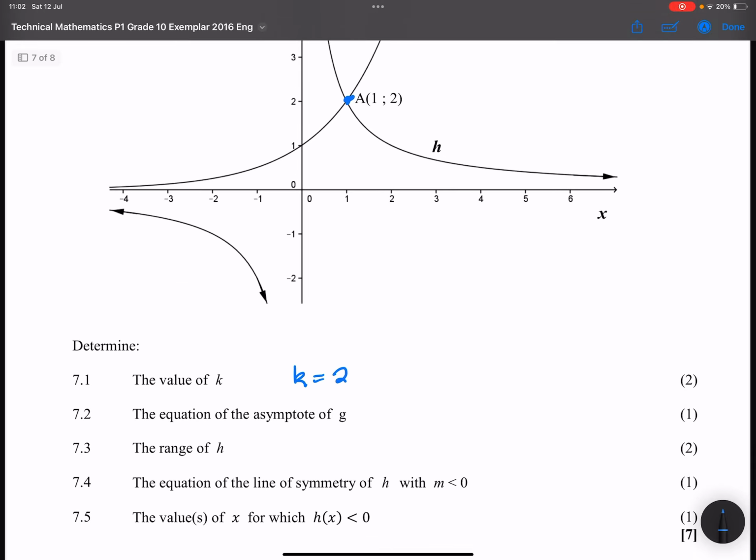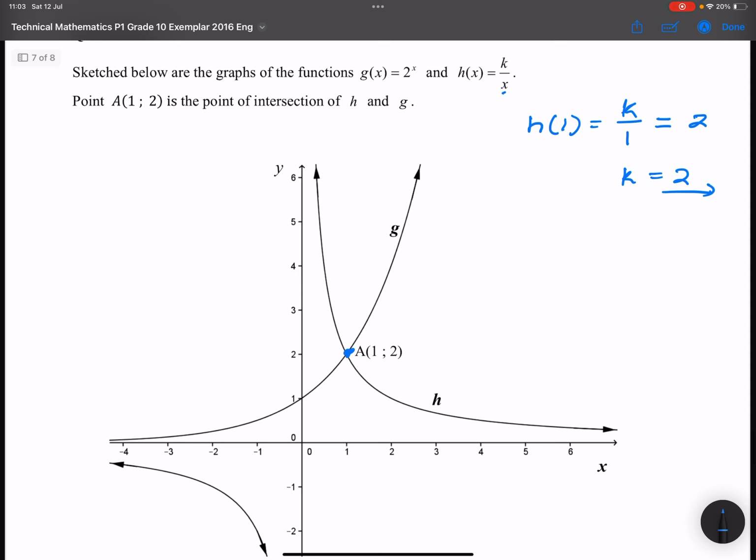Now for the next question, they say the equation of the asymptote of g. Ladies and gents, I want you to please note, for the exponential graph, unless it has been shifted, you can see this graph gets infinitely close towards the line y is equal to 0. This is the line y is equal to 0.